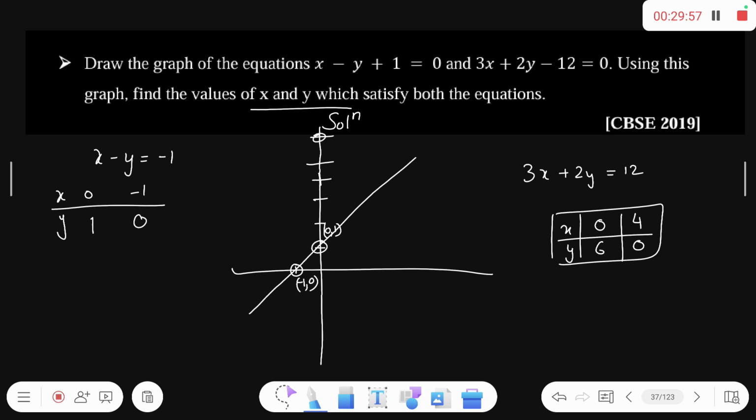Somewhere here. And 4, 0 is on the positive side, that is 1, 2, 3, 4. So this is your point. So this is your solution, and that will be equal to 2 comma 3. X is 2, y is 3.